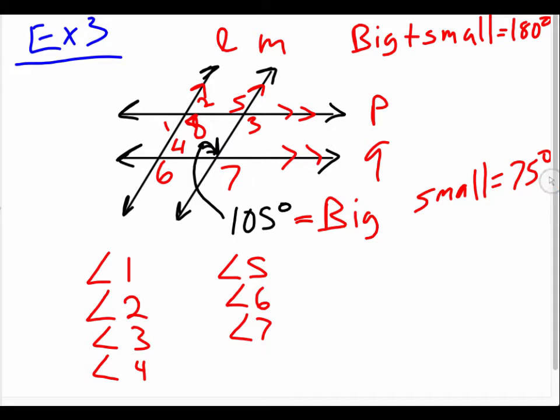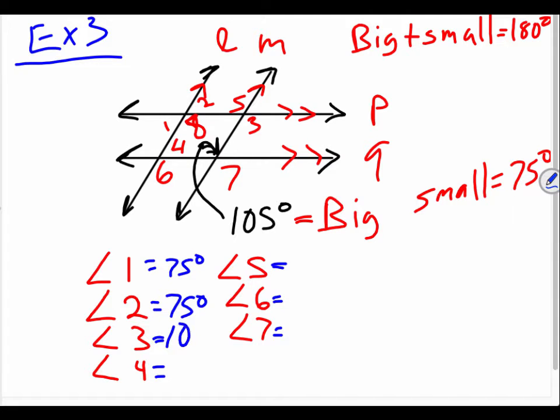Okay, you guys ready? We are going to do this problem with ease. Angle 2, big or small? Small. Small, so what is it? 75. Angle 1, big or small? Small. 75. Angle 3, big or small? Big.